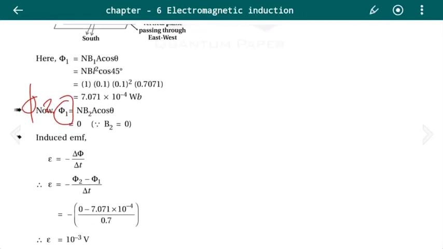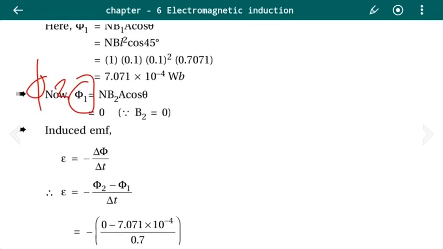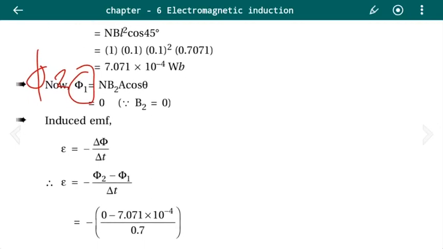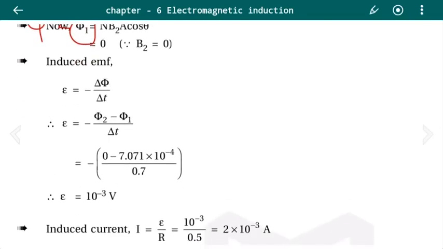Now the formula of the induced EMF is epsilon equals minus delta phi upon delta t. Here delta phi is nothing but phi 2 minus phi 1. So minus into phi 2 minus phi 1 upon delta t.